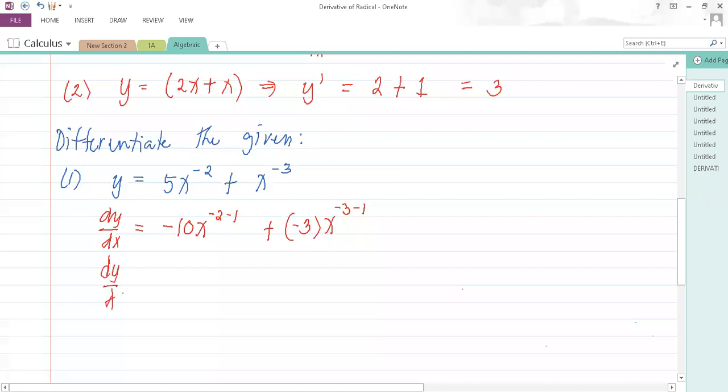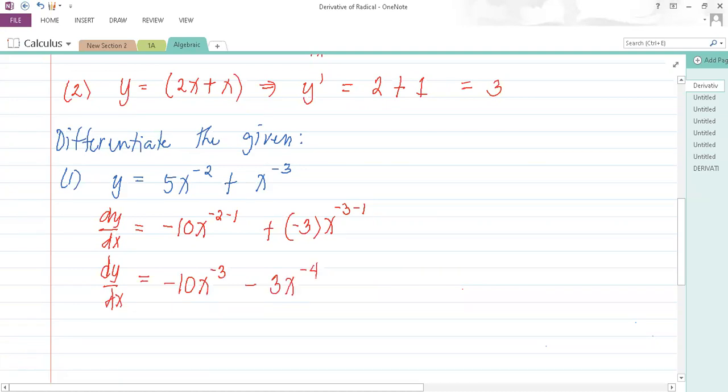Okay. So we have to simplify this. dy dx is equal to, that is negative 10. Negative 2 minus 1. That is negative 3. Okay. So plus negative. Negative 3 tapos plus. So different sign. So this is minus 3x raised to negative 3 minus 1.